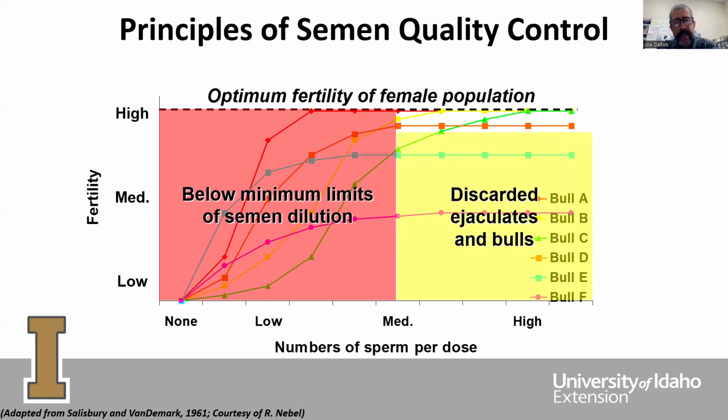And uncompensable traits, if you remember, are really the ones that drive us wild because they compete for fertilization, but they're unable to maintain pregnancies. So what does that leave us with? It leaves us with a very small window for commercial AI, which provides us the ability to have acceptable field fertility. And that's really where we need to focus.